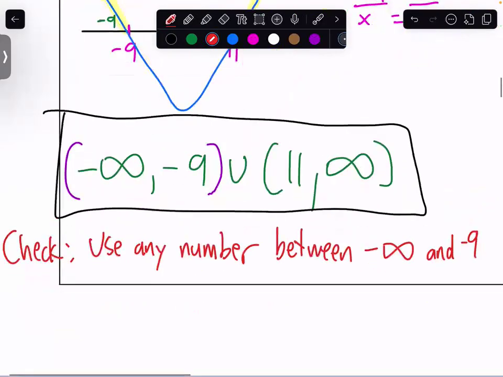Okay, so you could do -50, -15, -10, -9.01. I'll just do -10, right? If it's true that the answer is any number between -infinity and -9, then -10 should work.